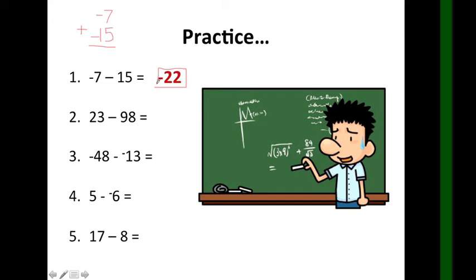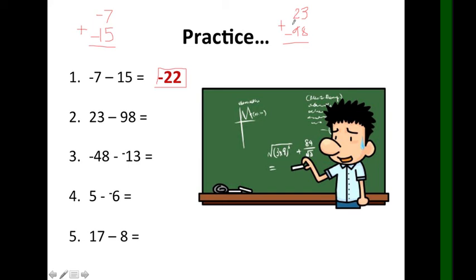Next, 23 minus 98. Both of them are positive as you can see. For this portion, we will keep the first, make it an addition, and then get the opposite of the second number.